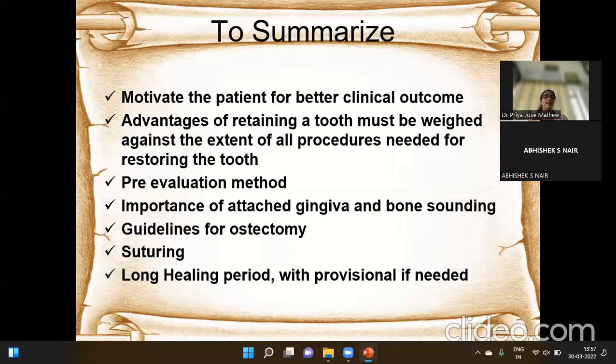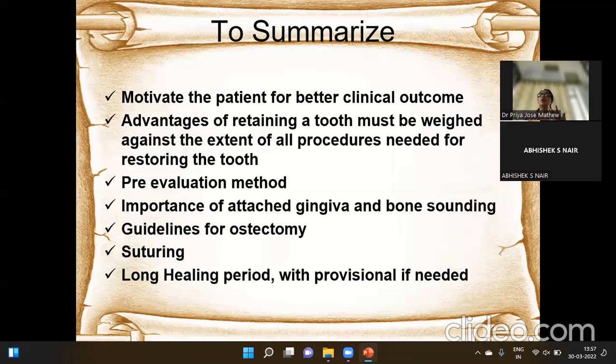So ideally, the healing period for gingivectomy may be 1.5 months, and for ostectomy procedures it may extend up to 3 to 6 months, and of course it depends upon the type of procedure. Okay, so to summarize, at least know the importance of crown lengthening procedures.